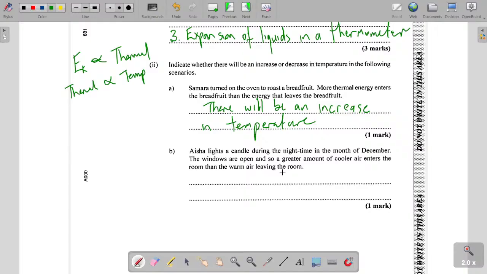However, when we combine those together, we know that if we have more cool air entering than warm air, that means that the thermal energy will decrease. And so if the thermal energy decreases, then the temperature will also decrease. So there will be a decrease in temperature.